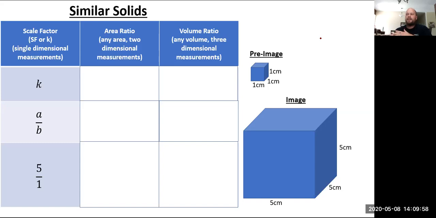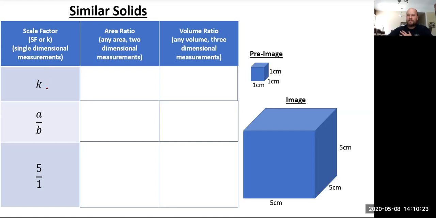You have to have proportional sides, and you have to have all the same angle measures. So we still have the same main idea when it comes to doing similar solids as we did with similar figures. And just like we did before, k a lot of times represents our scale factor. So a lot of times you'll see me abbreviate scale factor as either SF or as k.